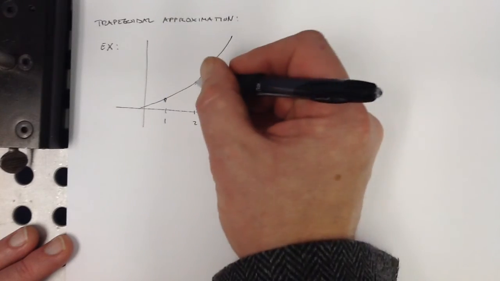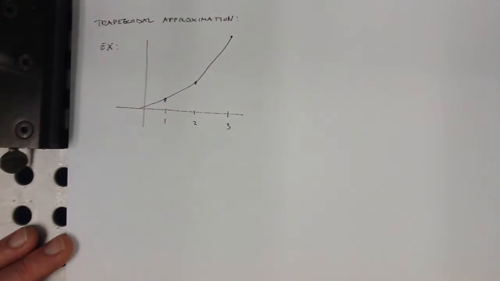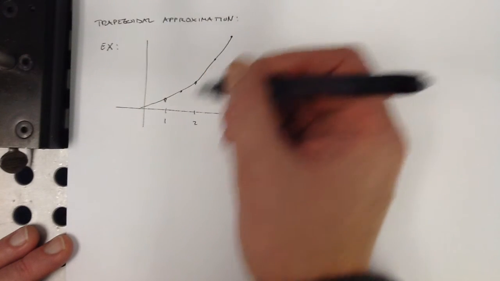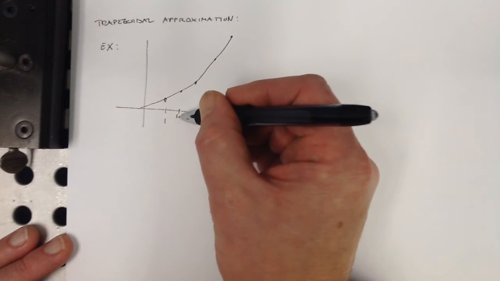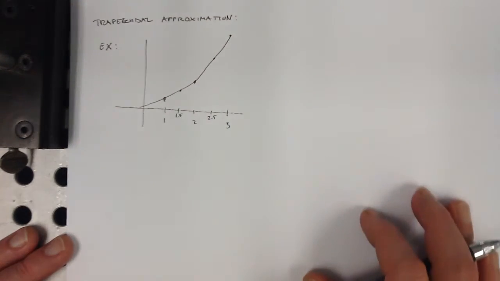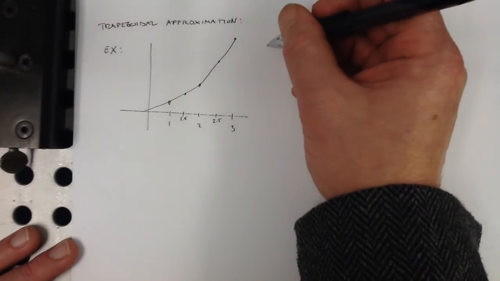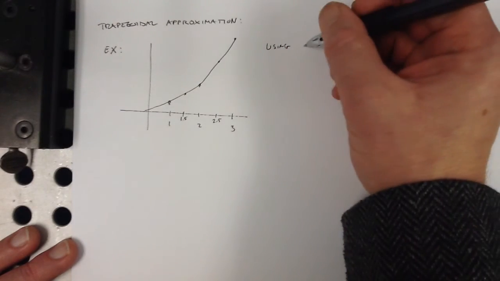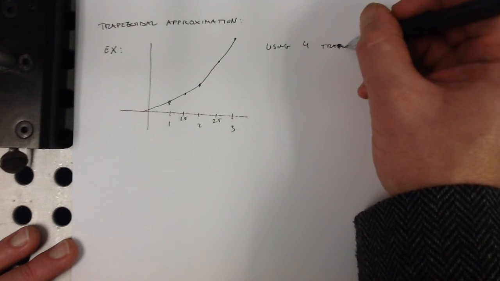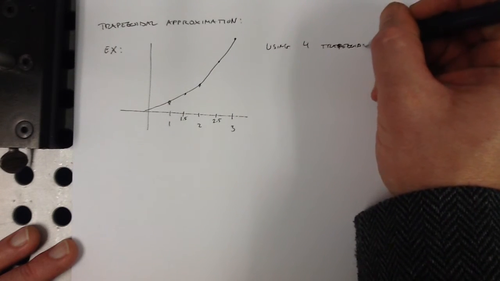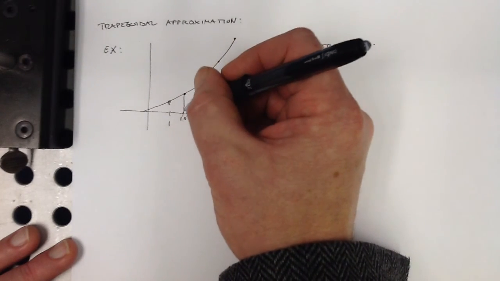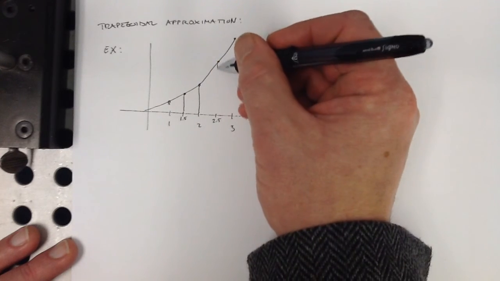Sorry, kind of missed the points there. And we'll do 4 of them again. So that's 1.5 and 2.5. But this time we're going to do using 4 trapezoids and of equal subdivisions.